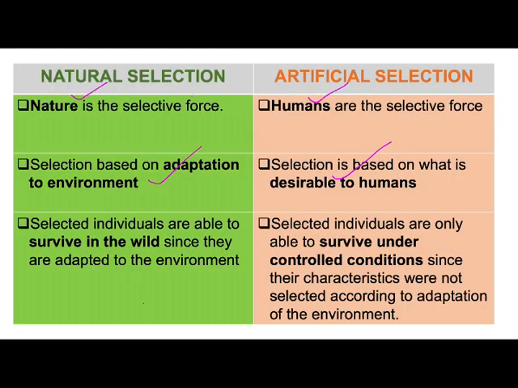With natural selection, the selected individuals are able to survive in the wild since they are able to adapt to their environment, while the artificially selected individuals are only able to survive under controlled conditions since their characteristics were not selected according to adaptation to the environment.